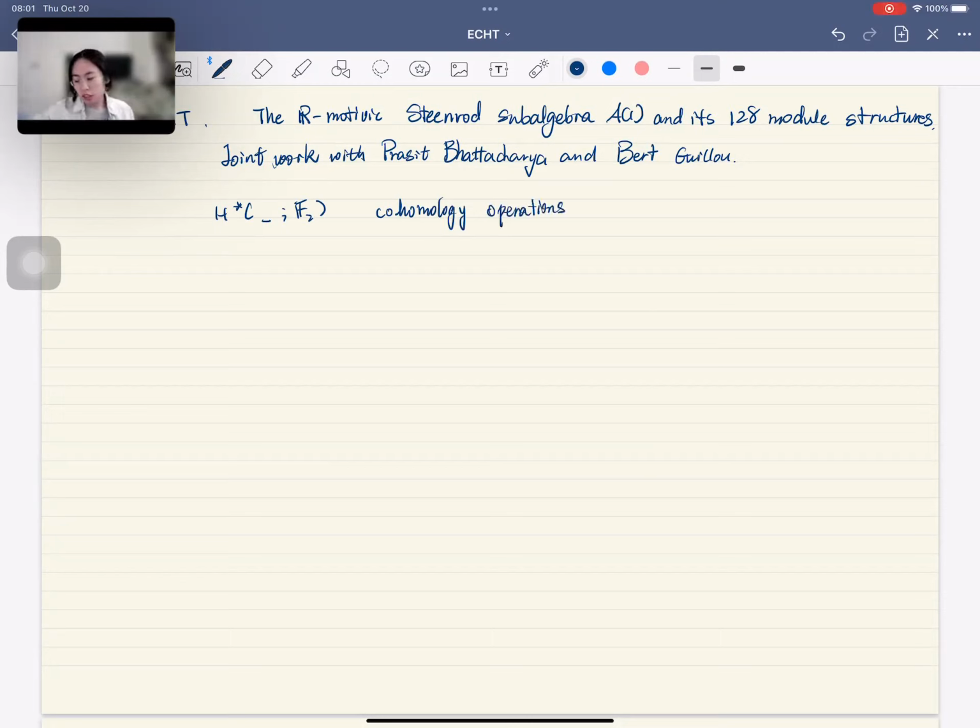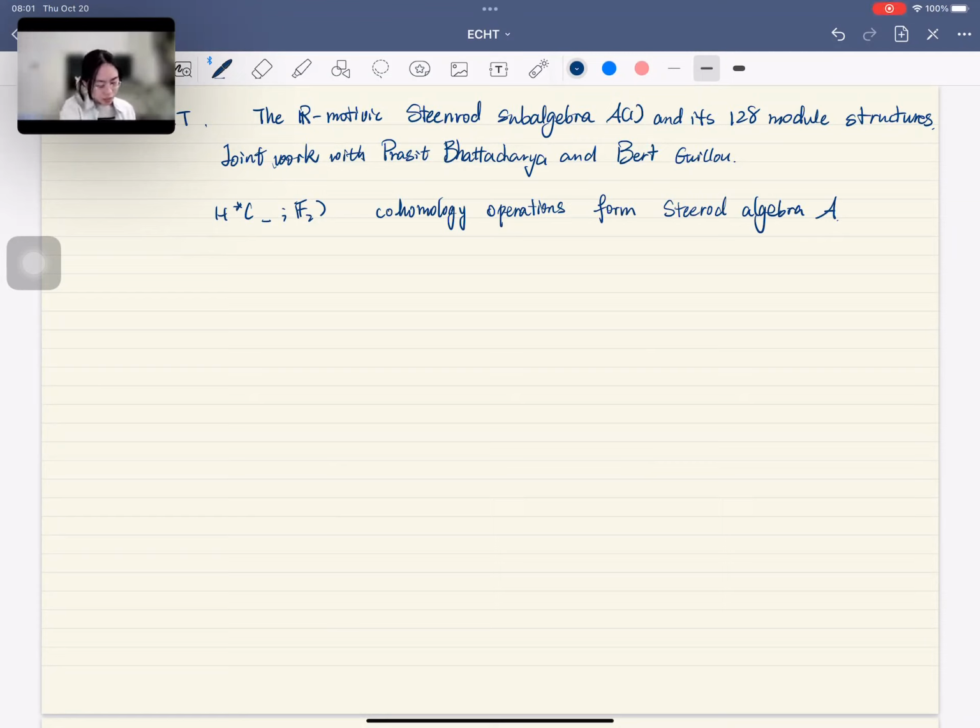If we collect all of them, they form the mod 2 Steenrod algebra, which we will denote A.